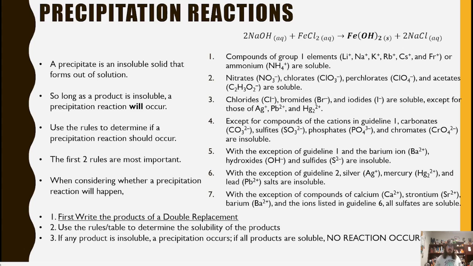We need to consider whether a precipitation reaction occurs when we consider whether a reaction will occur. So, to do a precipitation reaction, you must first write the products of a double replacement or double displacement. We're going to use the rules or table to find the solubility of the product.